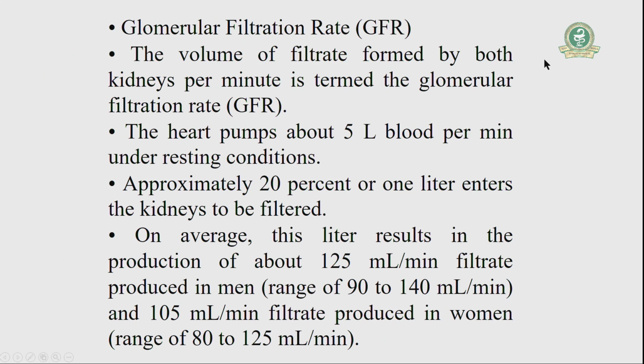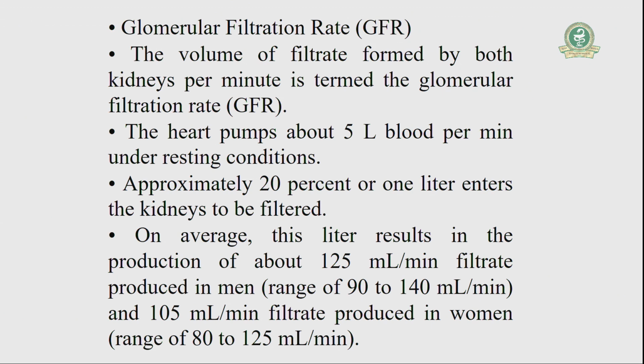Glomerular filtration rate. The volume of filtrate formed by both kidneys per minute is termed the glomerular filtration rate. The heart pumps about 5 liters of blood per minute under resting conditions. Approximately 20% or 1 liter enters the kidney to be filtered.